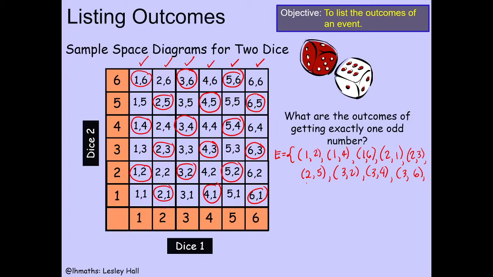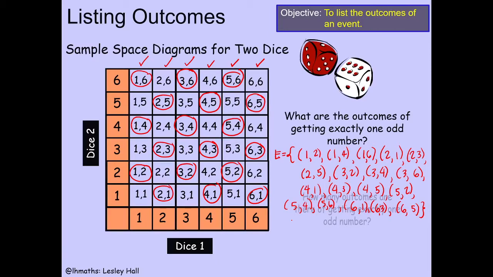We have 4, 1. 4, 3. 4, 5. 5, 2. 5, 4. 5, 6. And lastly, we have the last three outcomes. 6, 1. 6, 3. And 6, 5. And how many outcomes are there? There are 18 possible outcomes. So the number of outcomes for this event is 18.